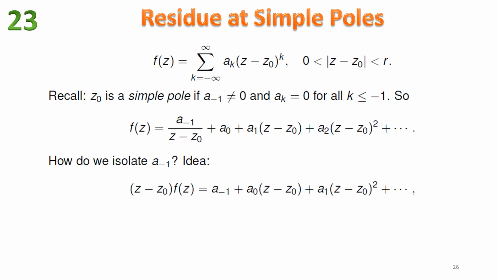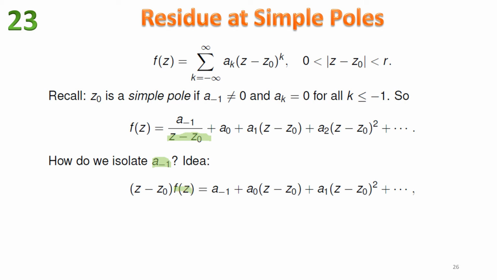Now, how to isolate this a minus 1? That's the question. The idea is very, very simple. What we can do, we can multiply this equation on both sides by z minus z0, so that this z minus z0 will be cancelled and we can work out a minus 1.